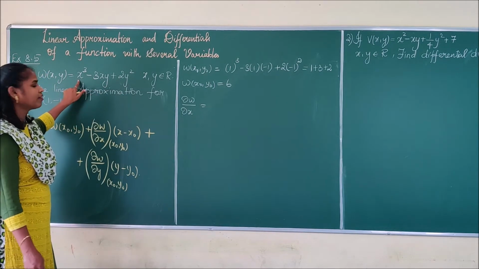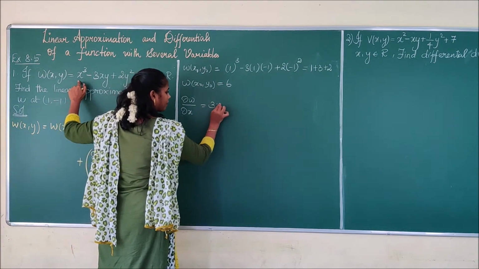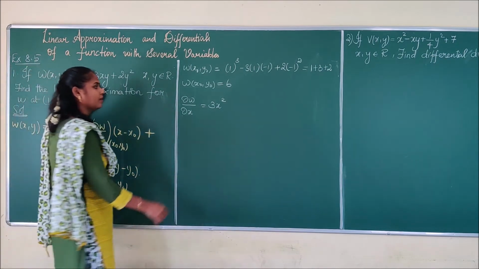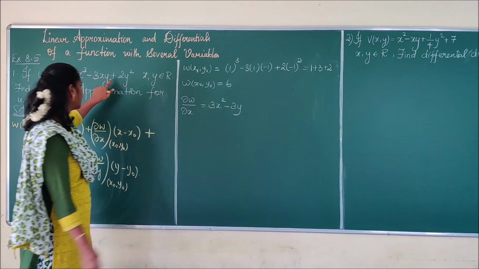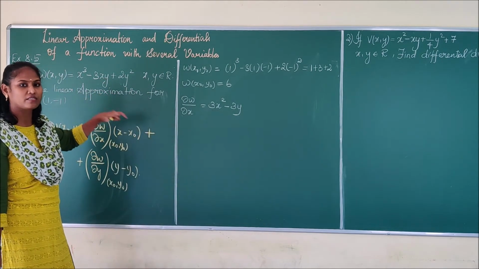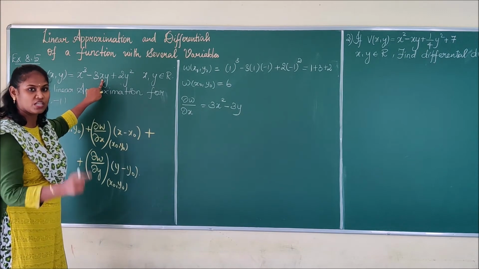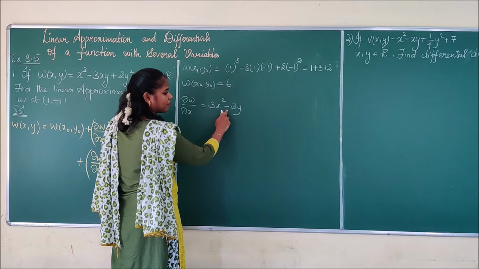And when I differentiate this x cube, I will be getting what? 3x square. Okay. So when I differentiate this minus 3xy, I will be getting minus 3y. When I differentiate the x, I will be getting 1. Where 3 and y are considered as a constant. Okay. So except the variable which I am going to differentiate, the other thing will become a constant. So I have got 3x square minus 3y.